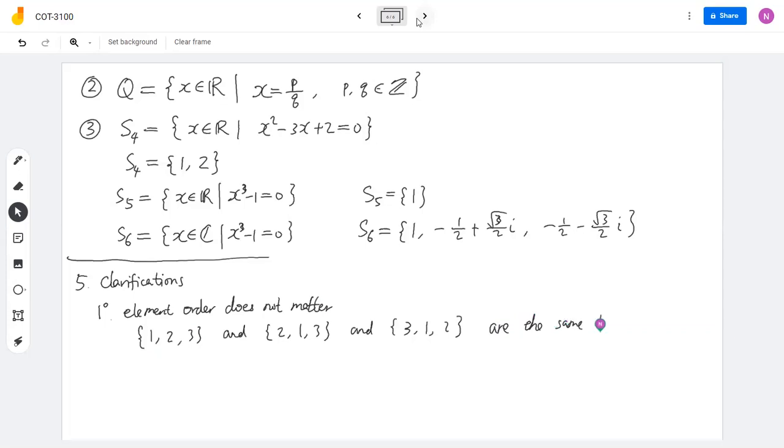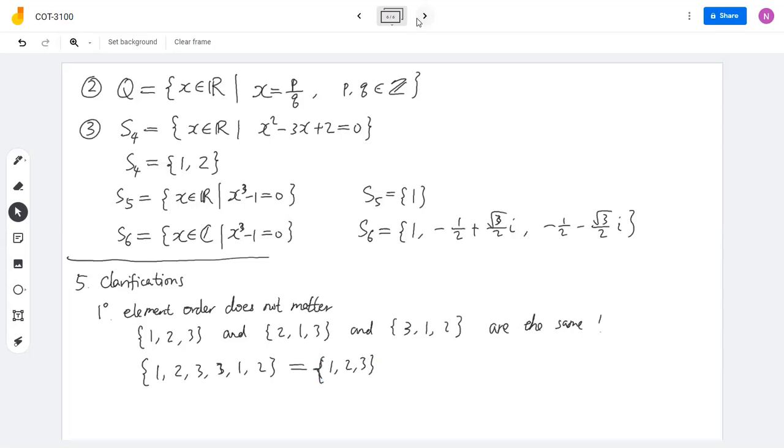Also, when we talk about a set, we actually talk about the belonging relationship. What does it mean? When we write this set as 1, 2, 3, that means 1 is in the set, 2 is in the set, 3 is in the set. Therefore, if some element repeats more than once, such as 1, 2, 3, 3, 1, 2, it denotes the same set as 1, 2, 3.